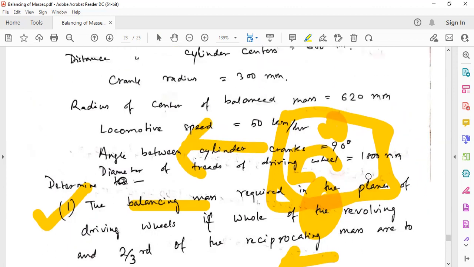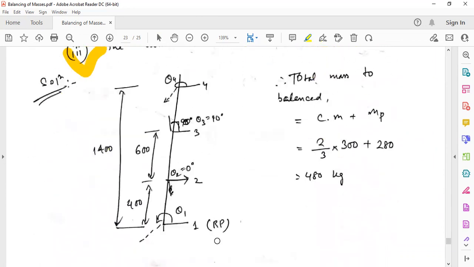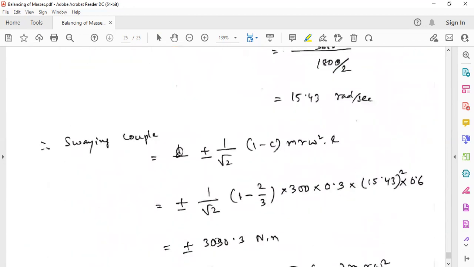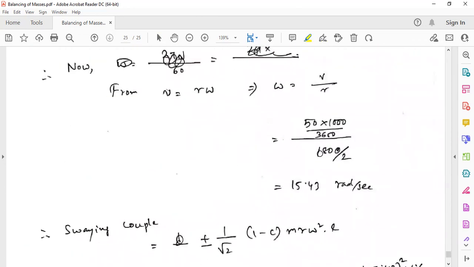Radius is given because the diameter is 1800, so radius will be 1800 by 2. And this 50 kilometer per hour we have converted to meter per second. So ultimately omega is 15.43 radian per second.